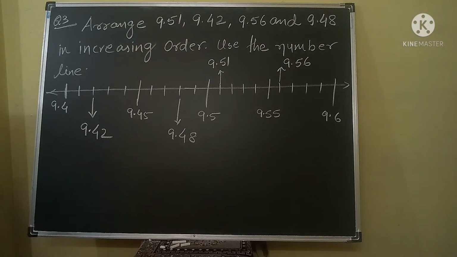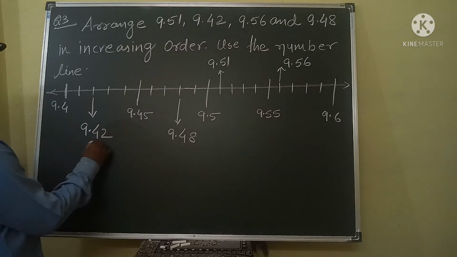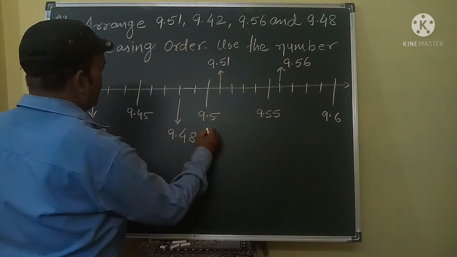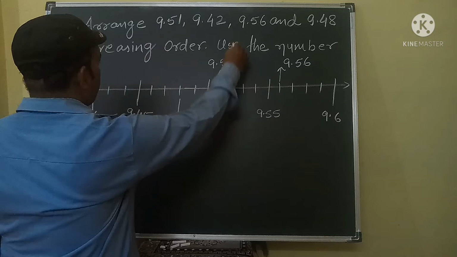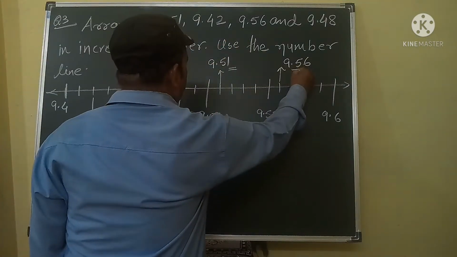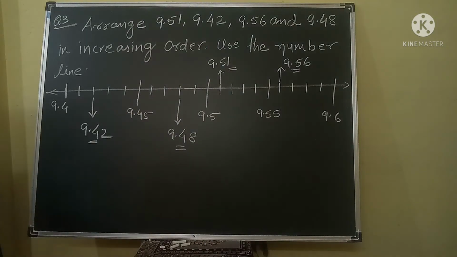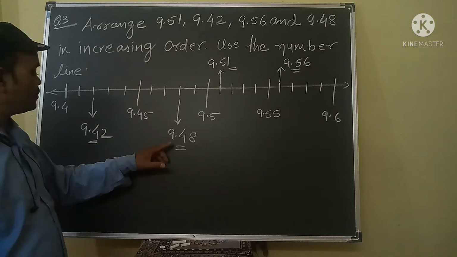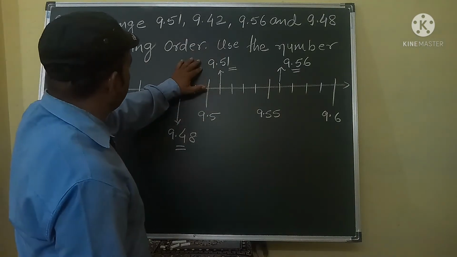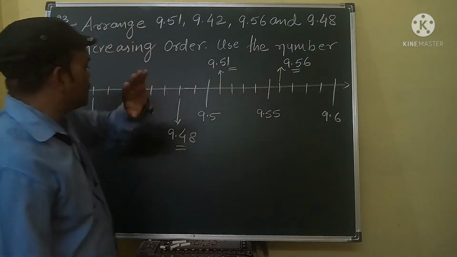Increasing order means smallest to biggest. So now look here: this is 9.42, 9.51, 9.56, and 9.48. Increasing order means smallest to biggest. So 9.42, 9.48, 9.51, and 9.56.